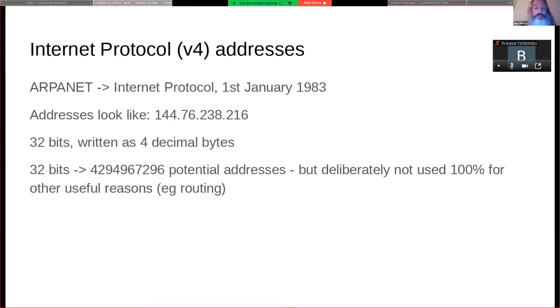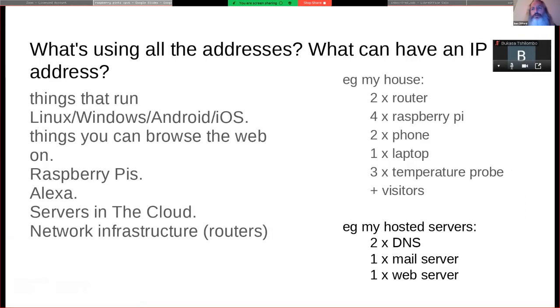And those are 32 bits. So a bit is a number 0 or 1, or true or false or whatever. And so 32 bits means there's about 4 billion potential addresses. But they can't all be used because there are sensible reasons to not use them at 100%.